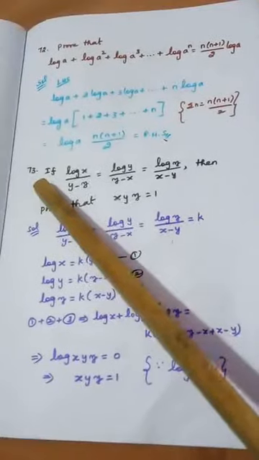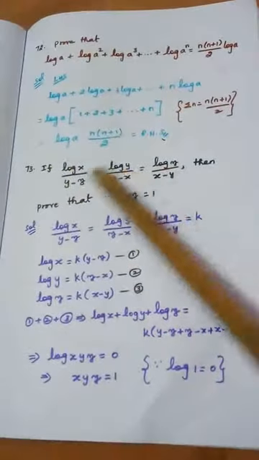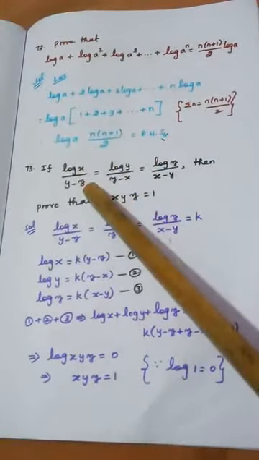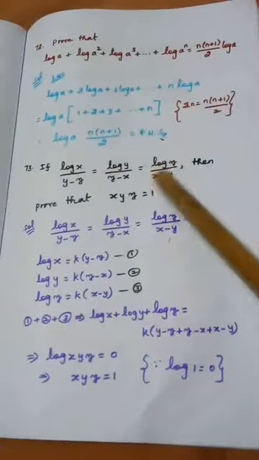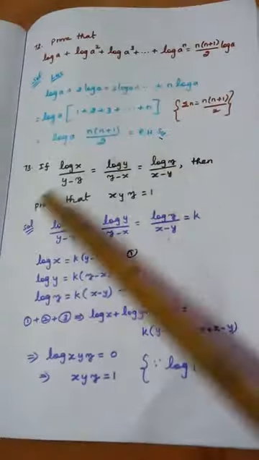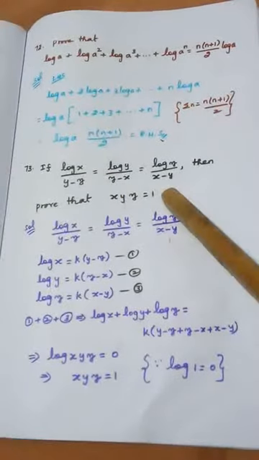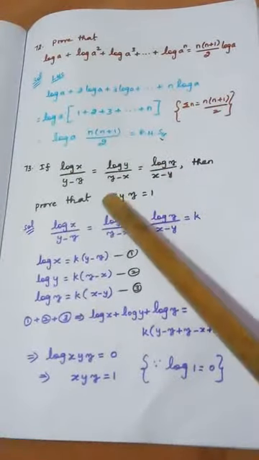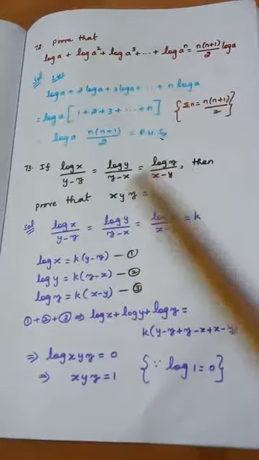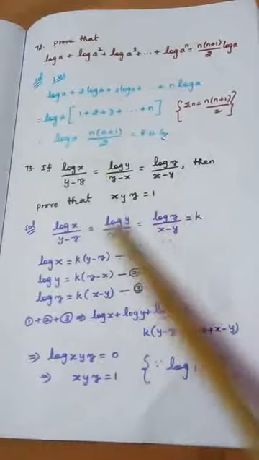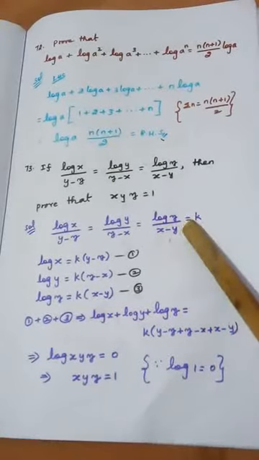Question number 73. If these 3 are equal, that is log x by y minus z, log y by z minus x, log z by x minus y are equal, then prove that xyz equals 1. If these 3 are equal, we need to prove xyz is equal to 1. So first we take the given condition, these 3 are equal, and we equate them to k.